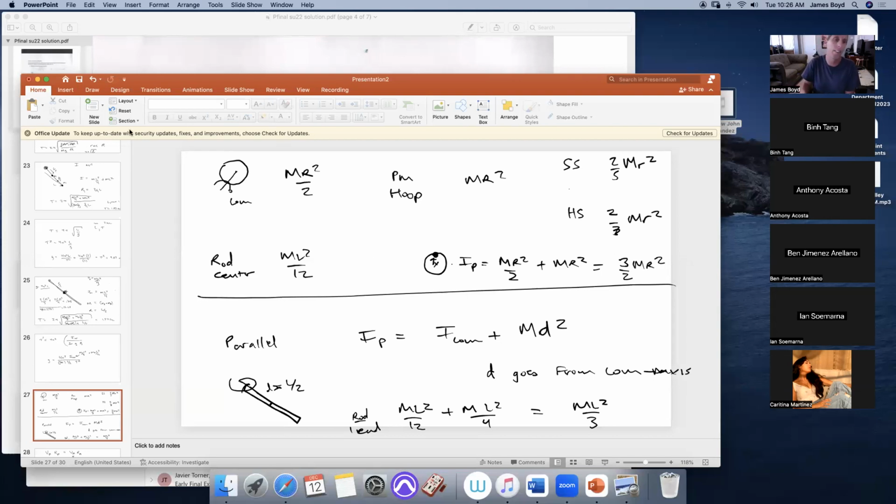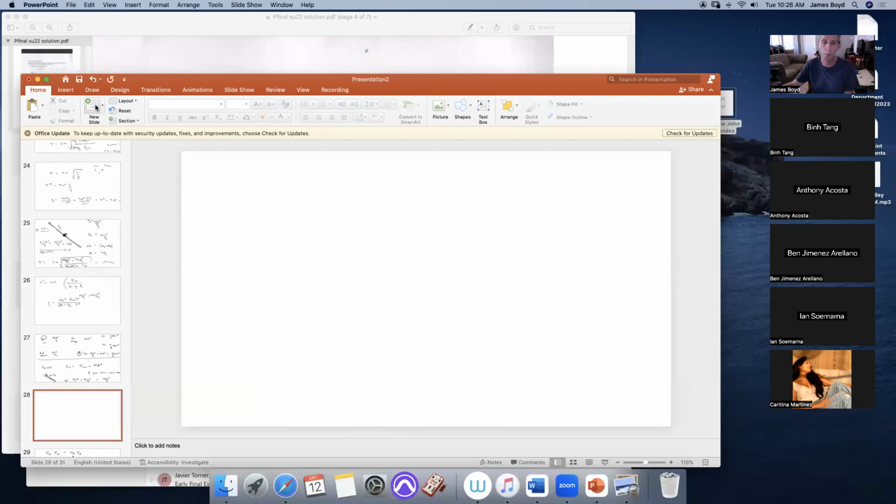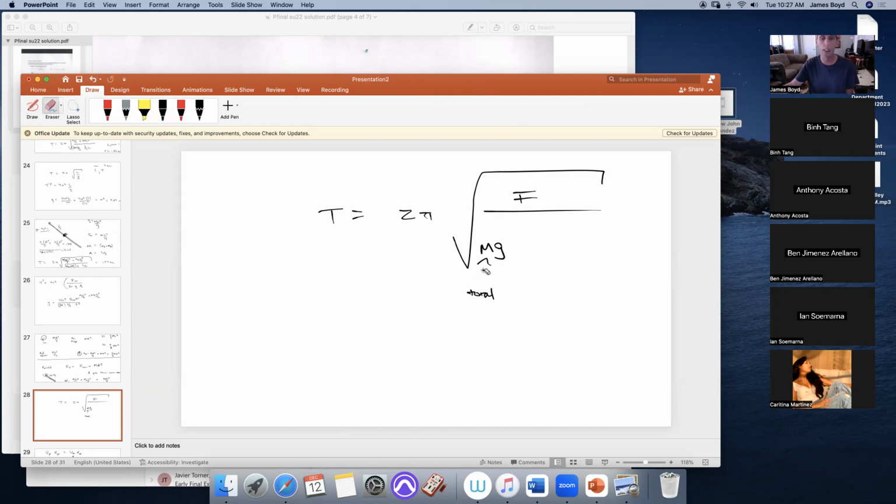So on the pendulum, you have to remember the moment of inertia, and usually you have to use the parallel axis theorem. For mg, do not forget this is the total mass of the whole thing if there's more than one thing. And the radius of gyration is the distance from the axis to the center of mass.